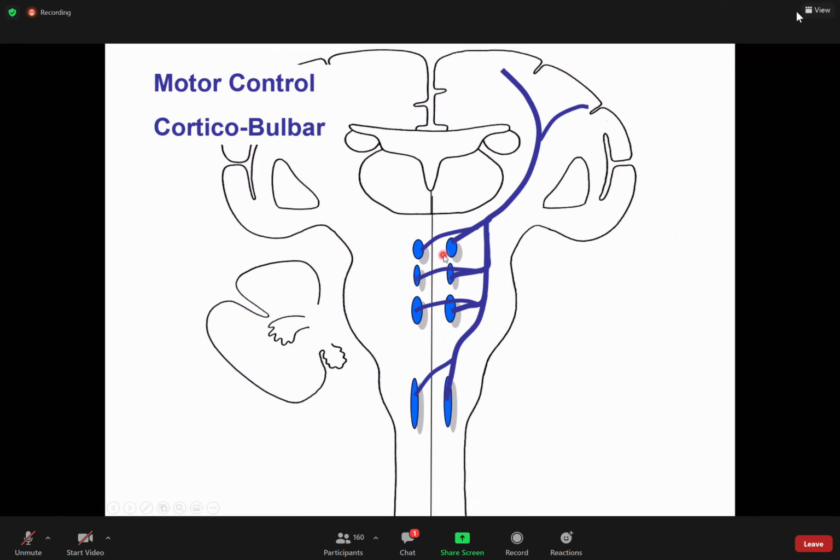So usually what you are going to get with the damage of these nuclei would be the lower motor neuron type of paralysis rather than upper motor neuron type of paralysis, because all of these nuclei which are supplying the muscles, which have originated from somites, are going to get bilateral supply from both motor cortices.